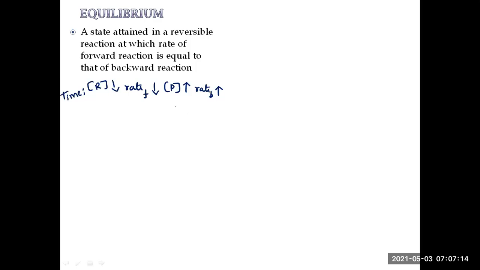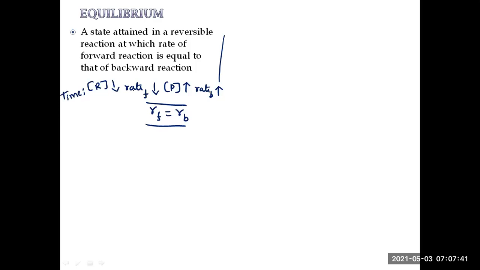So how long does this take place? Rate of forward reaction decreases, rate of backward reaction increases. This will not simply increase like that, right? That would become wrong. Then what would happen actually? At a particular stage, rate of forward reaction becomes equal to the rate of backward reaction.